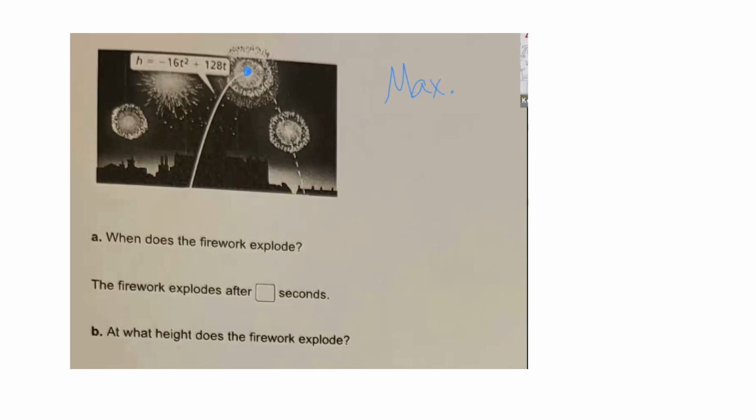This is a really good example of why that is your maximum, because that's the highest, right? And it's also a good example of why you would use y, because y is the height in this real life example.